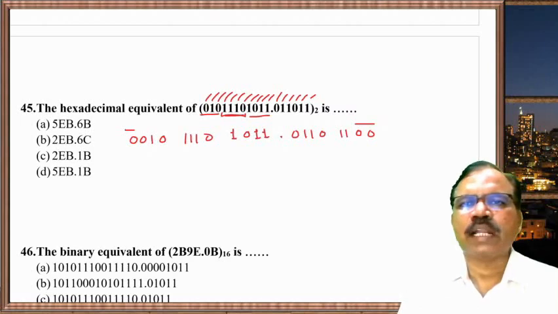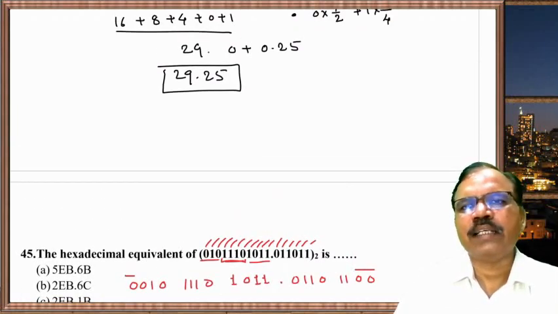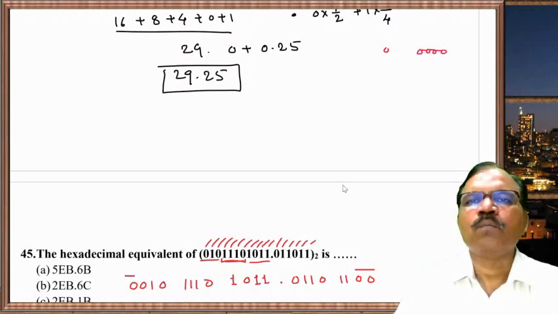So we must know that list. So if we start here for 0 decimal, we have 0 0 0 0 4-bit binary.